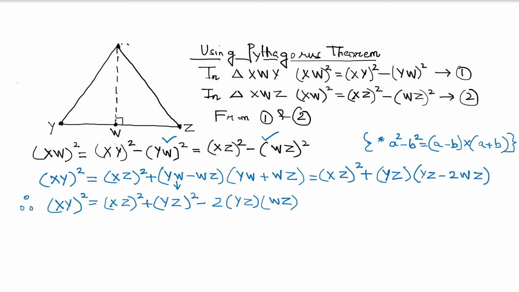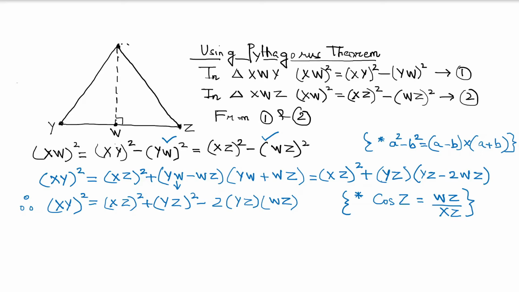Okay, now using some trigonometric ratios, so what is the concept? The next concept that we are going to use here: can we say that cos Z is equal to WZ upon XZ, that is divided by XZ?